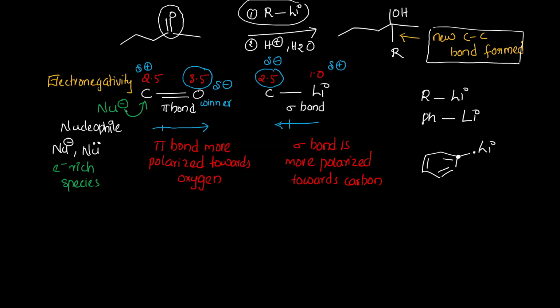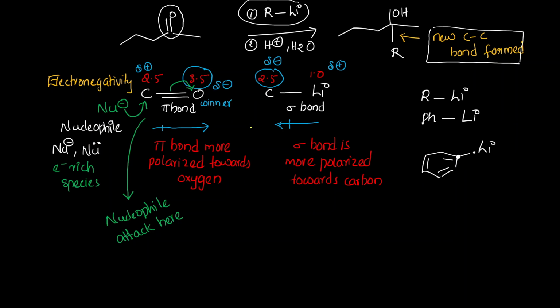This is because opposite charges attract. Once it attacks the carbon, the C double bond O will break and this bond will go to the oxygen. So we can say that this carbon nucleophile will attack here. So the nucleophile attacks here.